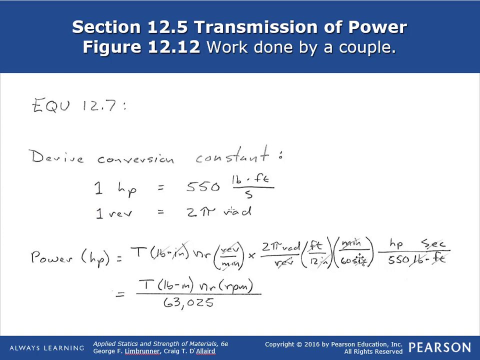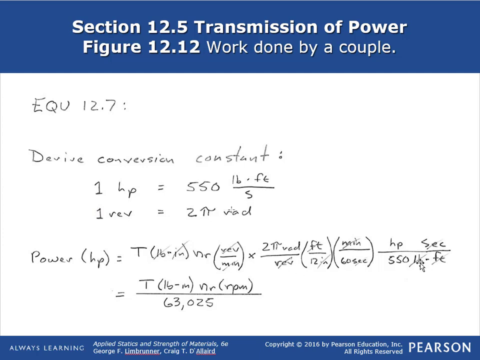I'm going to convert my minutes into seconds. That takes care of my minute units. And then 1 horsepower equals 550 foot-pounds per second. So this is like multiplying the equation by 1. If you look, all the units divide out.